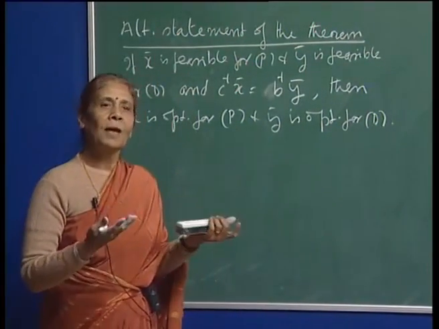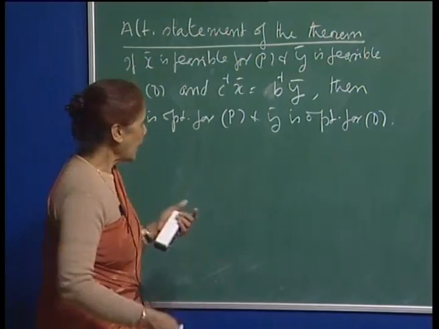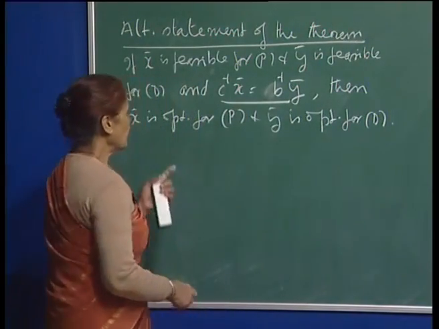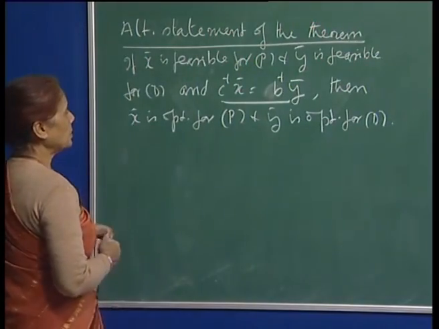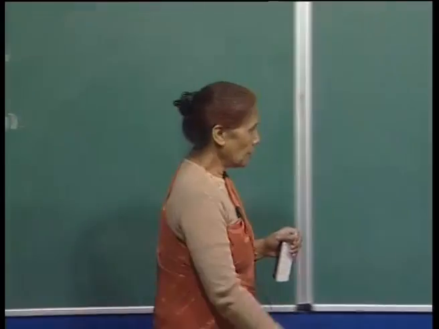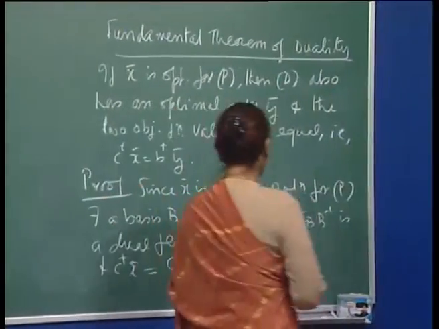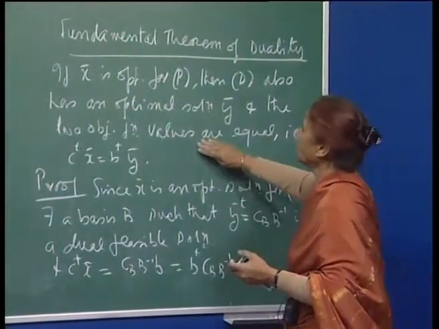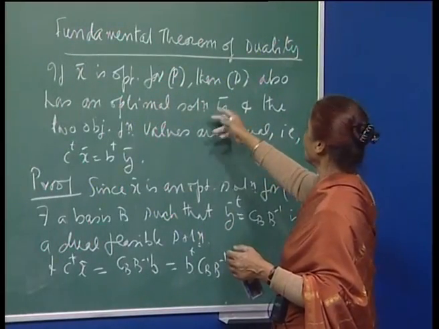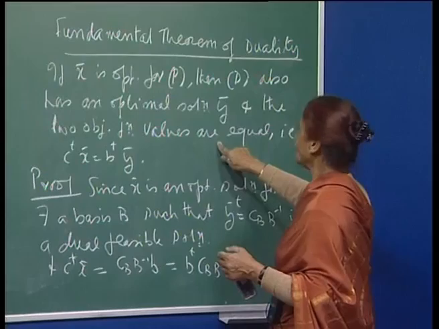Therefore, both will have a finite optimal solution, and you are given that C transpose x bar is B transpose y bar. So, you should be able to show by exactly following this proof that if x is optimal for P, then D also has an optimal solution y bar, and the two objective function values are equal.